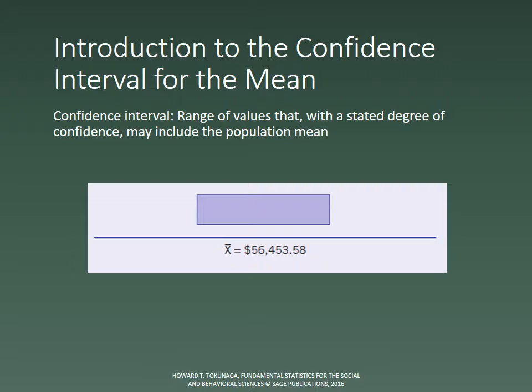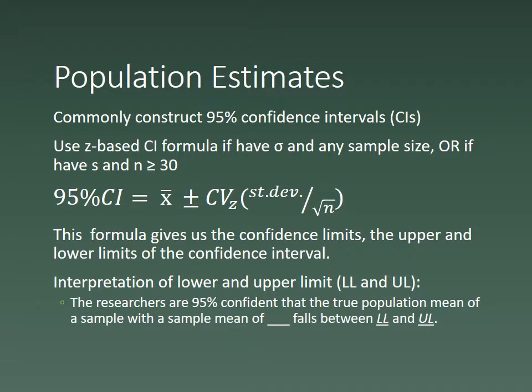The image here is showing that one point estimate value with a range of values in that purple box that might contain that society's mean level of income. Population estimates are commonly constructed with 95% confidence intervals. You might also see 90% and 99% confidence intervals, but in this class, we're going to stick to 95%.